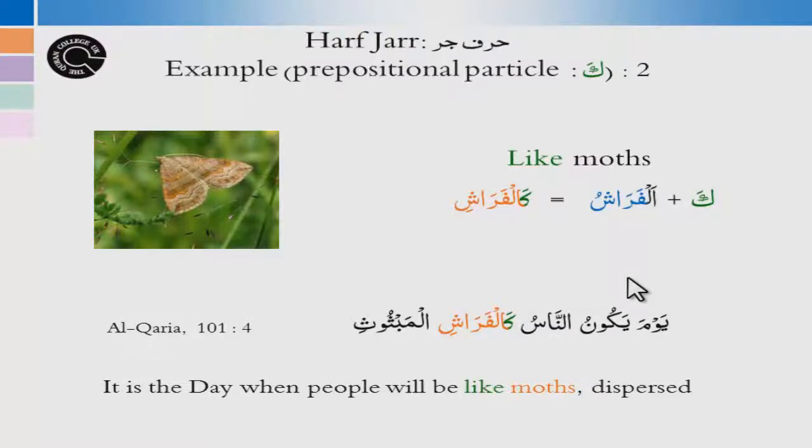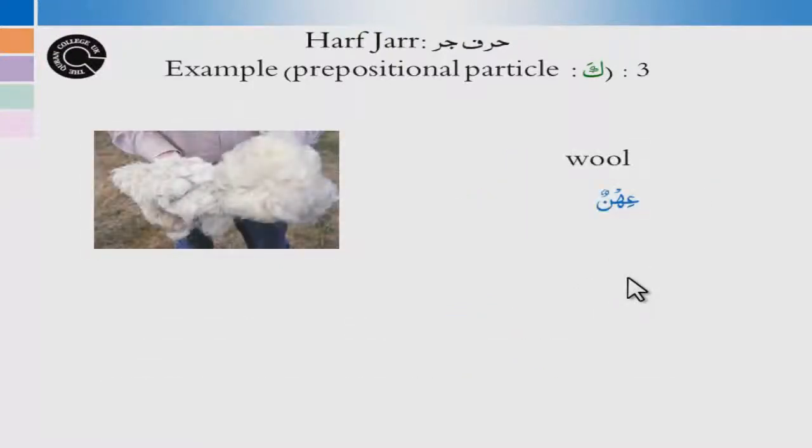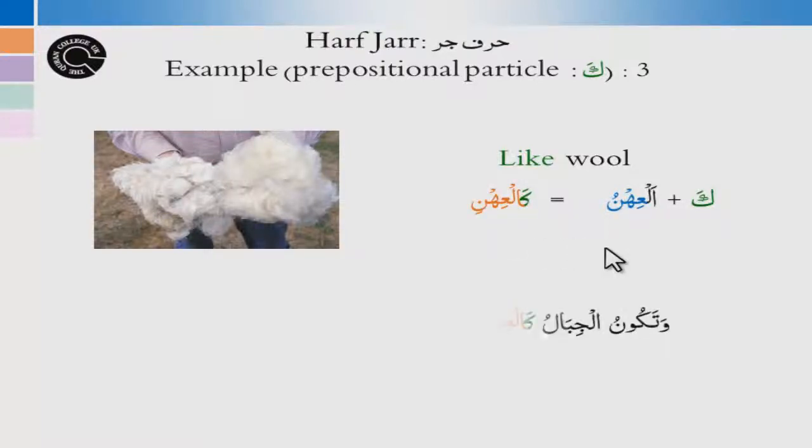Now let's take another example where it says ahnun. Ahnun is wool. If you want to say "the wool", it would become al-ahnu, and if you wanted to put the ka in front of it, then it will become kal ahnu, and then the hamzatul wasl would drop away, and that ka would push this ahnu into the jar, and it will become kal ahni, that means like wool.